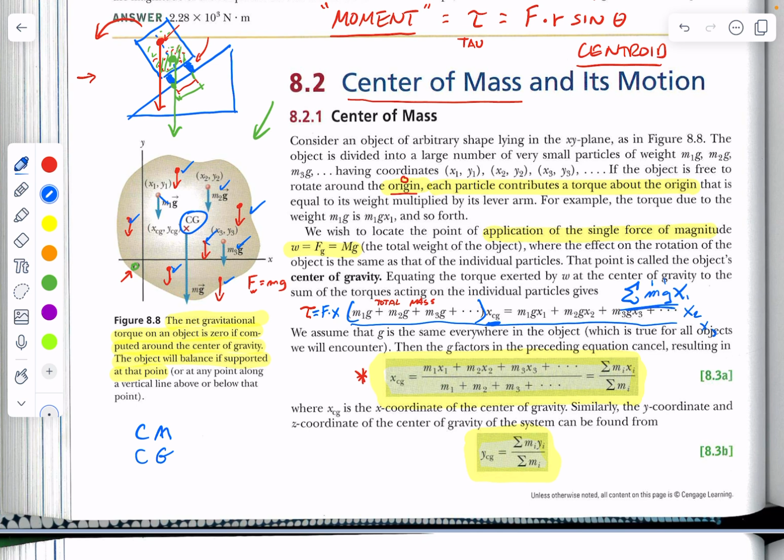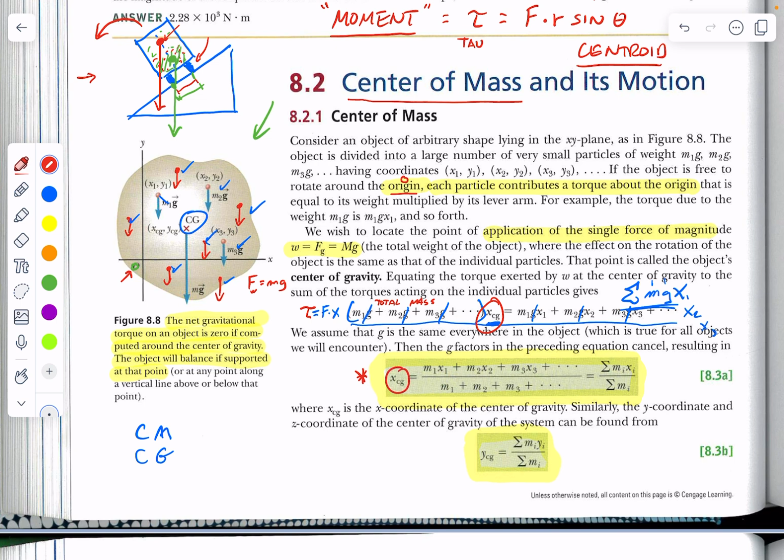And you can see that the g's are all going to cancel, and we end up with an equation without all of those g's. If we're trying to solve for position x, the center of mass on the x-axis, later on we can do the y-axis and even the z-axis, but the center of mass as the first coordinate on the x-axis, we're going to solve for that right here.